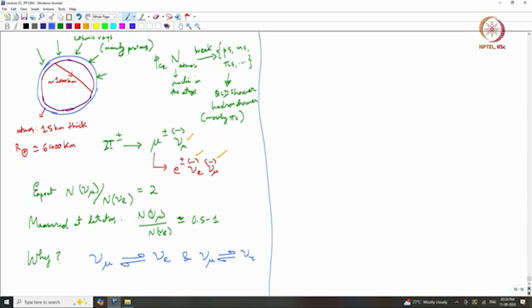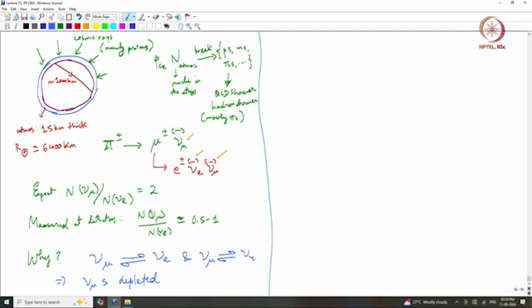So the net effect is that the muon neutrinos are depleted. That's the first part here.